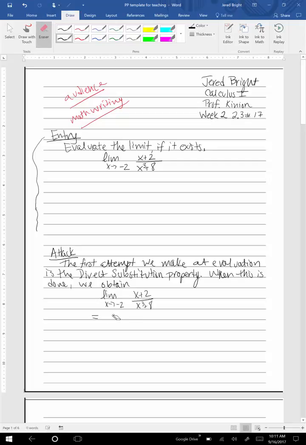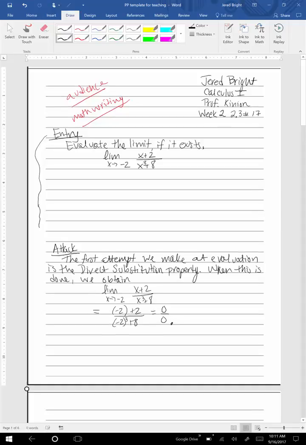So I'm going to write this out as -2 plus 2 over -2 cubed plus 8, and this is going to give me 0 over 0. And I'm going to conclude this with a period because it's the end of my sentence.